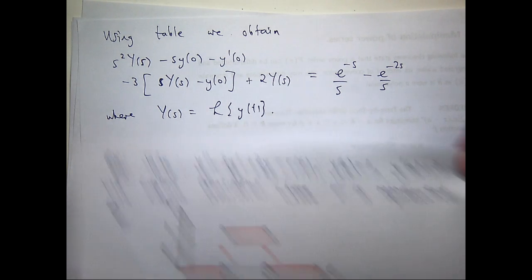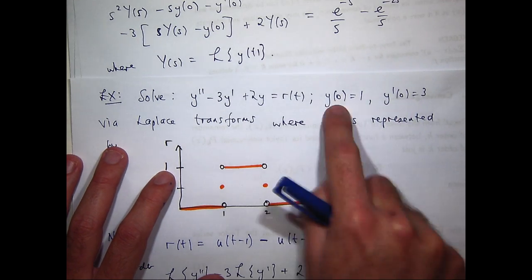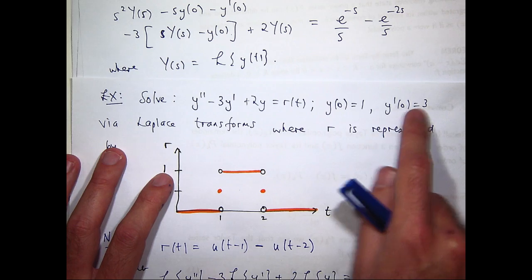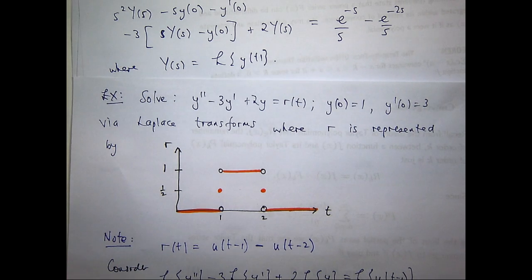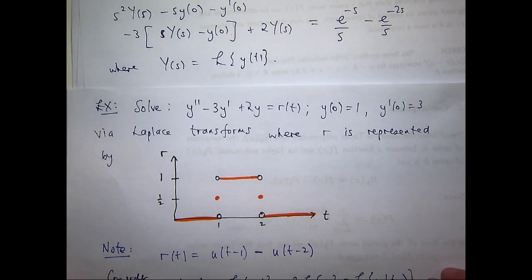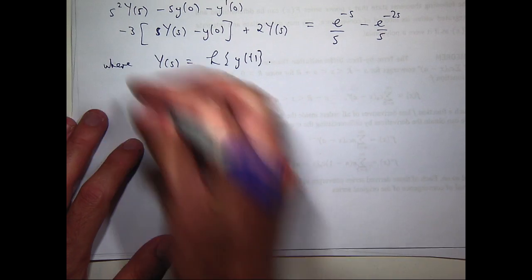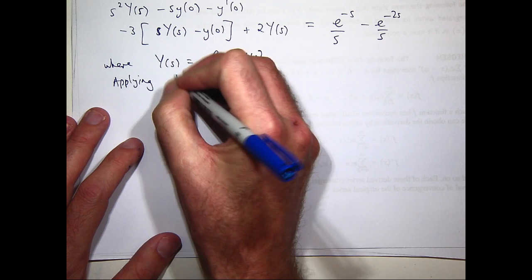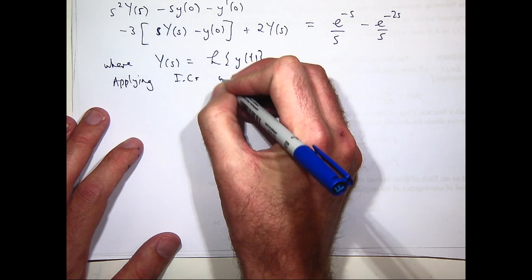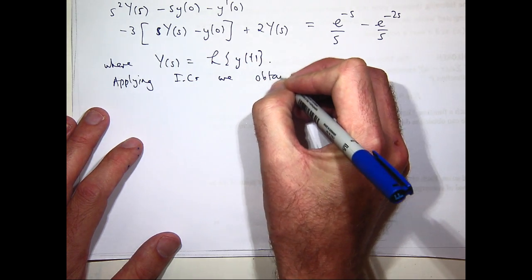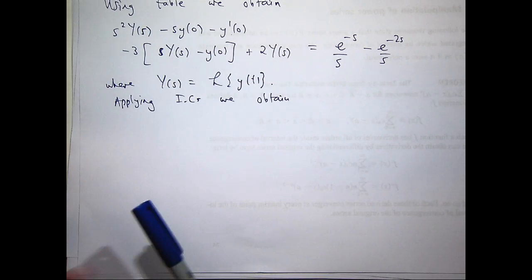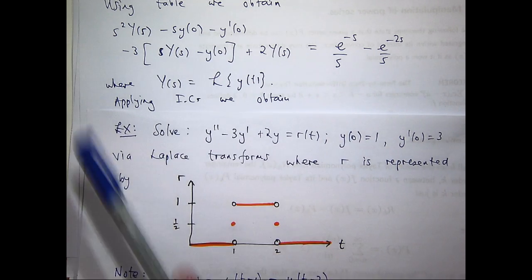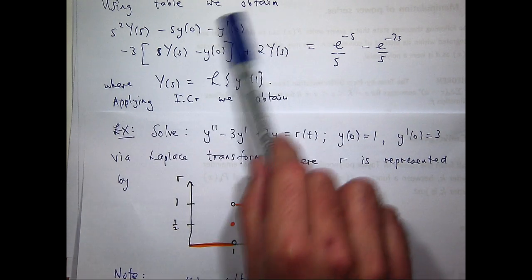So we can go back to my initial conditions and find y of 0 and y prime of 0 and substitute 1 and 3 in respectively. So applying the initial conditions, we obtain the following. Well, y of 0 is 1, so that'll be 1, that'll be 1. Y prime of 0 equals 3, so that'll become 3 in there.